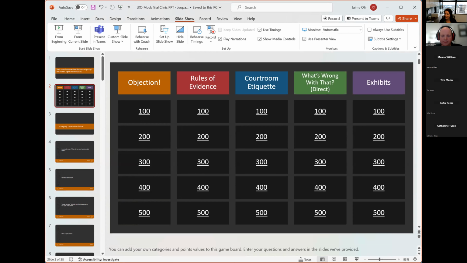We're going to talk about rules of evidence, courtroom etiquette, and what's wrong with that on direct examination. Again, you're going to see a scenario, and you're going to tell us what's wrong with that scenario, and then exhibits. So to get things started, Kevin, if you want to call on someone random to choose the first clue.